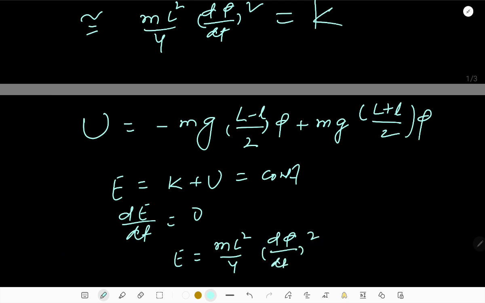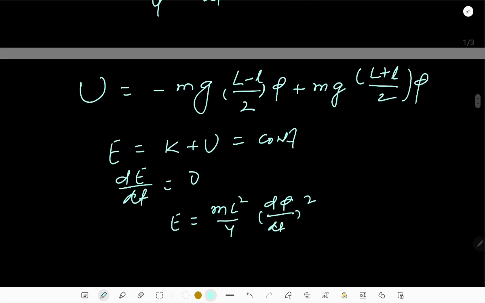And potential energy, I haven't solved this, but it is minus mgl by 2 plus mgl by 2, and this minus gets plus. We can calculate it, and it comes out as mgl phi only.